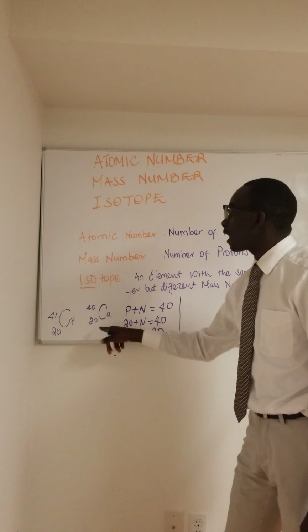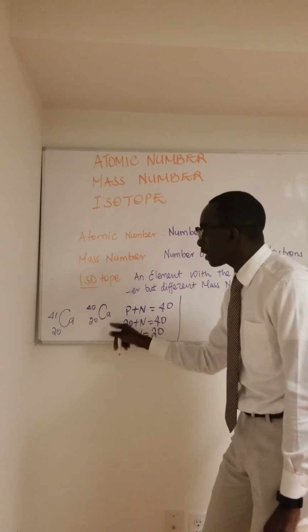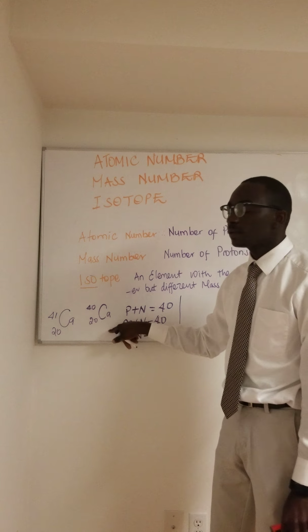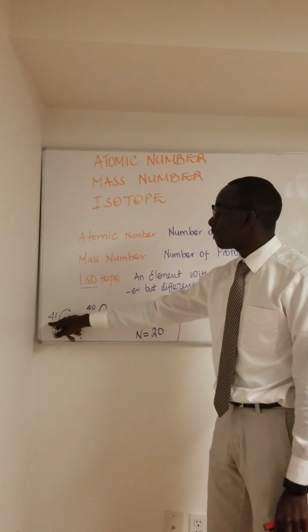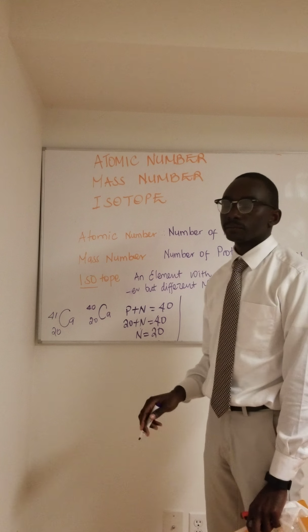So these two are isotopes. They have the same atomic number, which identifies the element and is number 20, but they have different mass numbers. That's what we call an isotope.